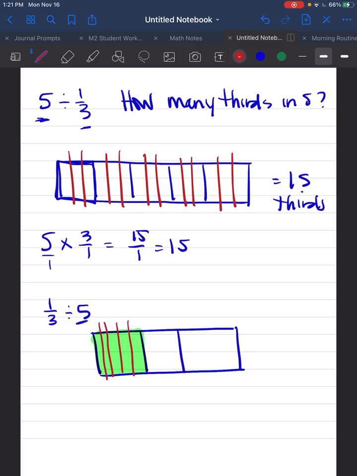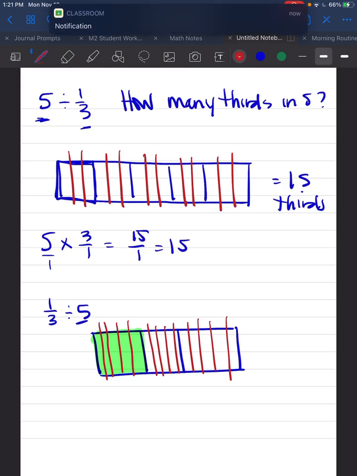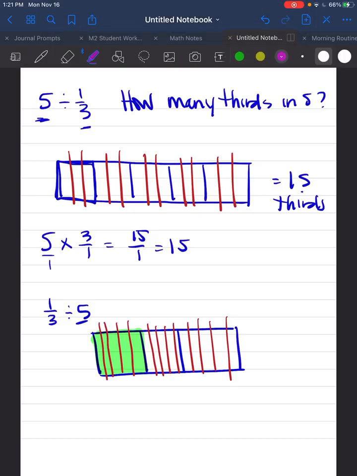Now, that's 1 unit. If I divided each of those thirds into 5 parts, 1, 2, 3, 4, how many total parts would I have? I would have 15. Okay. And so one of those, I'm going to use a different highlighter to overlap.